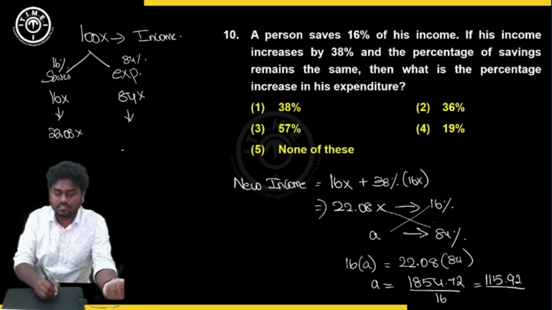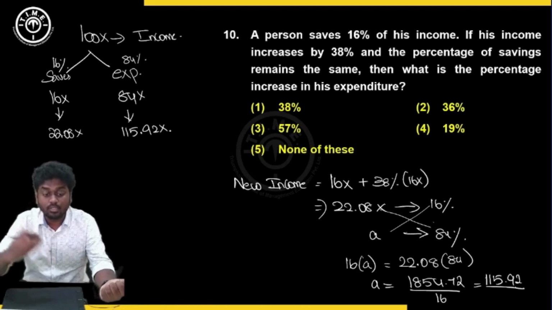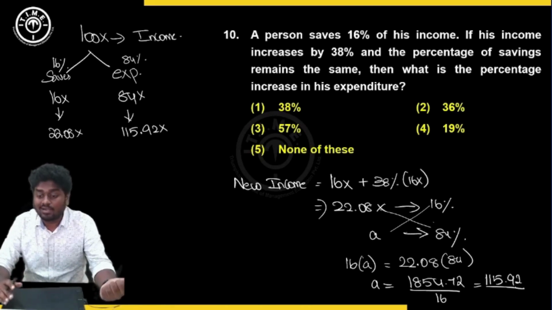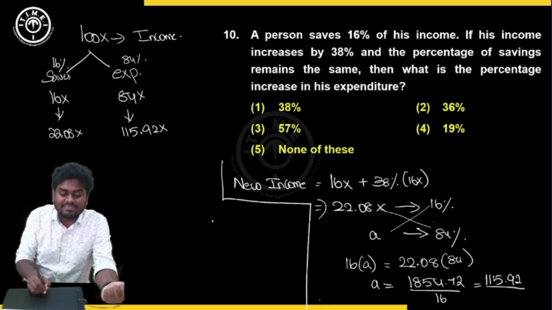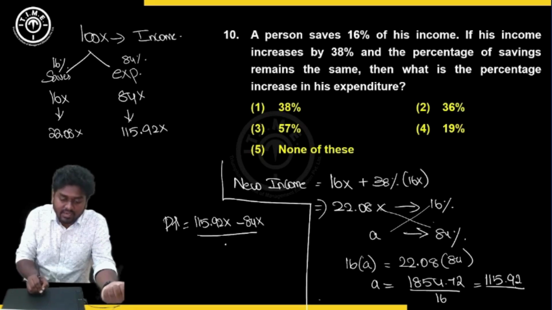This is his new expenditure, that is, 115.92x. This is his new expenditure. Now, our question is, what is the percentage increase in his expenditure. So in this question, how do we find the percentage increase in his expenditure? This is final value minus initial value divided by initial value into 100.